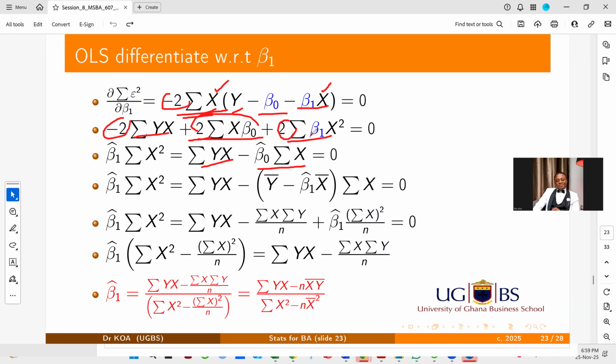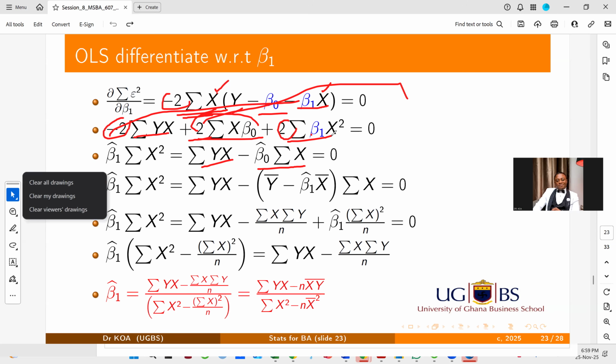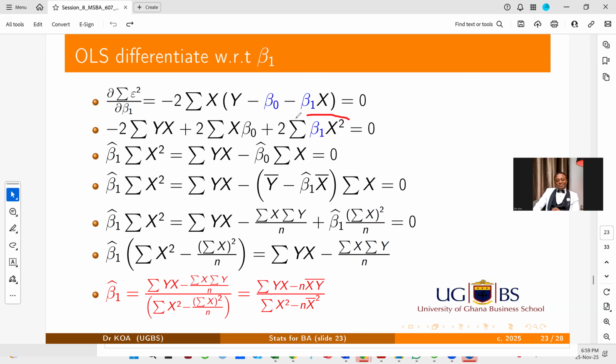I've just moved this one. I've kept it here and then brought these ones to the right-hand side. So they are all on the right-hand side except this guy. And the 2 has also been cleared. So now I have this guy here, beta 1 there, equals to sigma yx, which is from here, and then minus beta naught, which is from here.